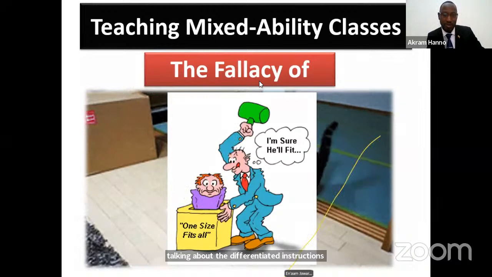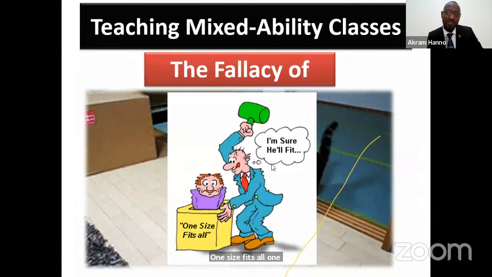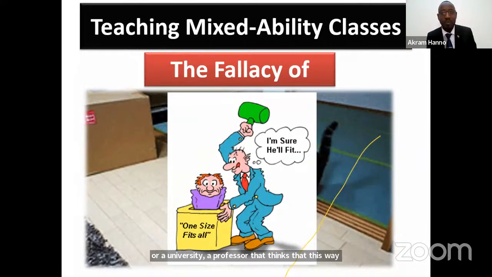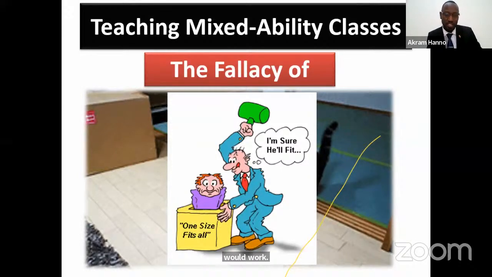When we talk about differentiated instruction, we talk about one size fits all. One size fits all. Okay, I'm sure he will fit. So if we are talking about this, a teacher or university professor may think that this way will work, but it turns out that this way will not work in the arena of teaching.